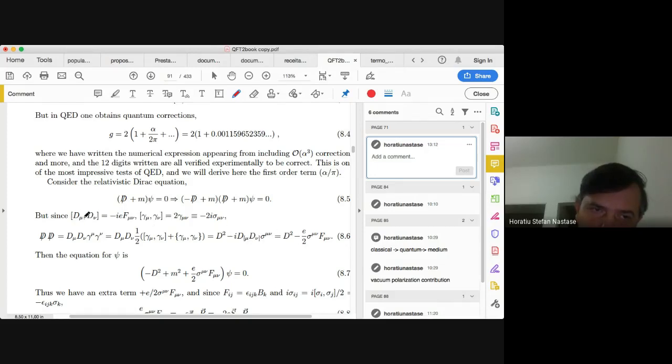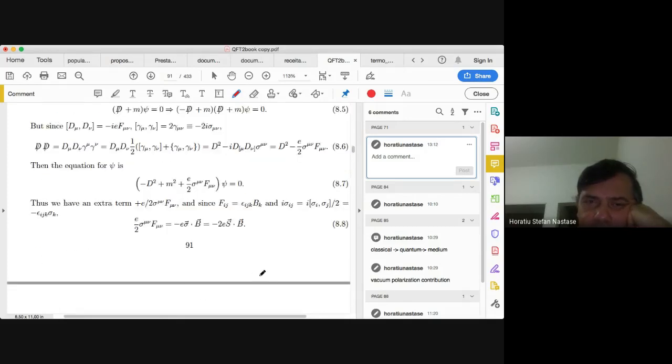But we know that D mu D nu antisymmetrized is 1/2 of this, so minus i e F mu nu multiplied with minus i gives minus e over 2 sigma mu nu F mu nu. So in conclusion, then, from the Dirac equation, we also obtain the equation minus D squared plus m squared plus e over 2 sigma mu nu F mu nu psi equal to 0.